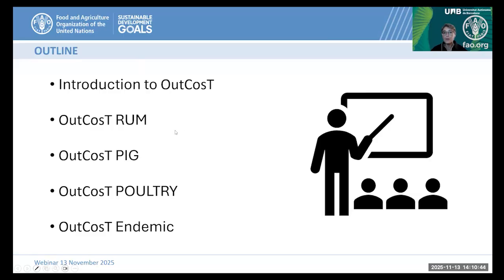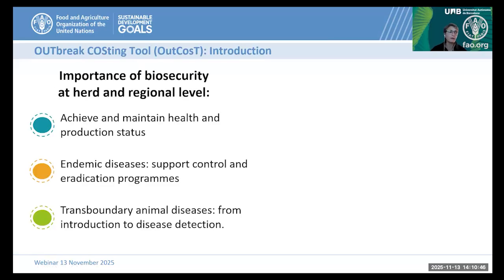In the frame of biosecurity, we can say biosecurity is a key component in all prevention and control programs. It can be very useful in achieving and maintaining health status in areas where diseases are already present.